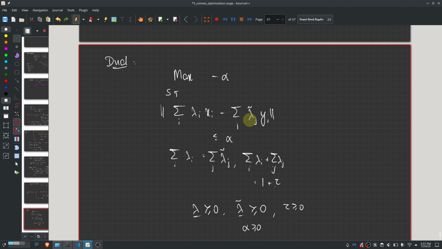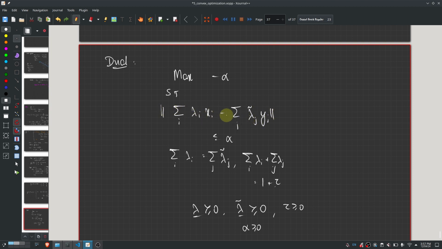If both of these sum to a particular constant, it's the same as saying that you have a convex combination of points in x and another convex combination of points in y.